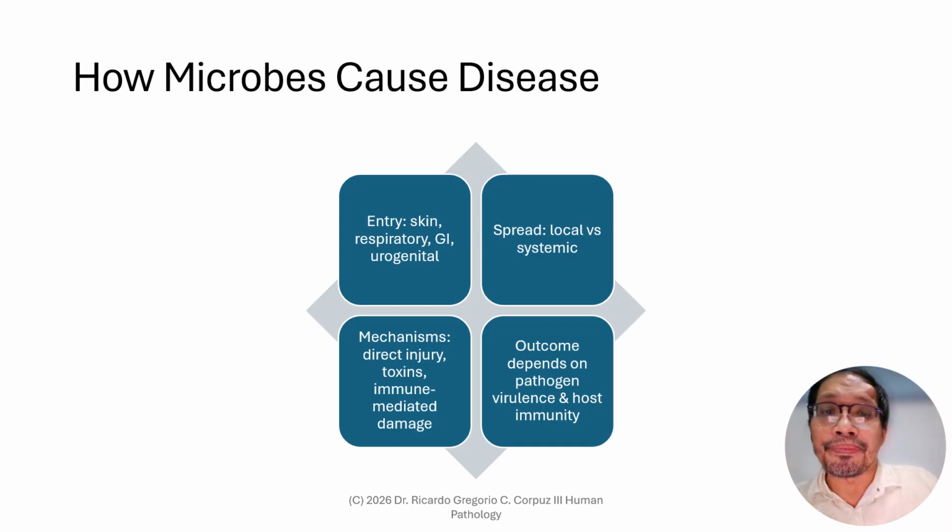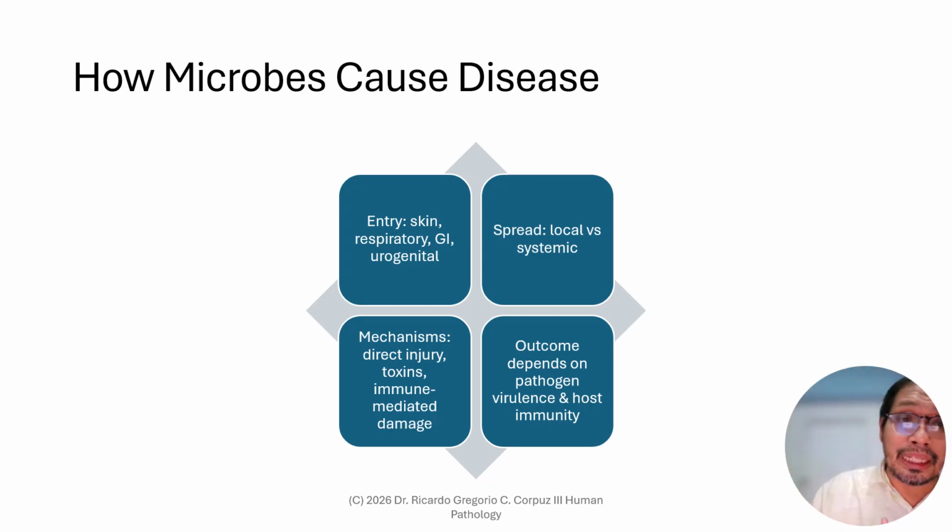Gastrointestinal tract: acid-resistant organisms or those protected by food, cholera, salmonella, or norovirus. Urogenital tract, like sexually transmitted infections and ascending UTIs. Entry determines the initial site of replication and often the early clinical manifestation.